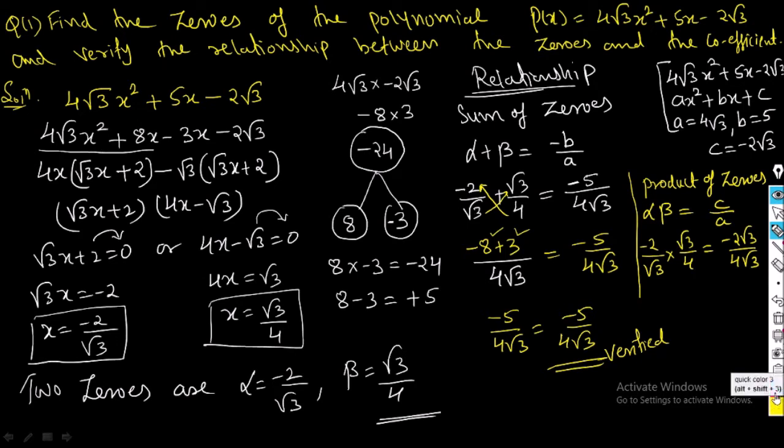Now the root 3 and root 3 cancel. So what is remaining? Minus 2 by 4. Here also root 3 and root 3 cancel, so minus 2 by 4 remains. Cancelling, we get minus 1 by 2 on both sides. So here also I can say hence verified.